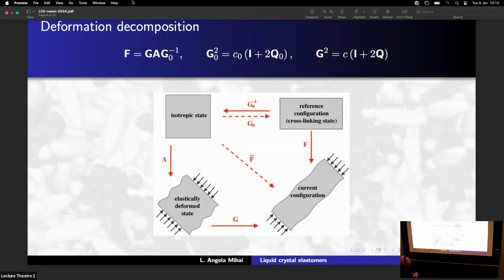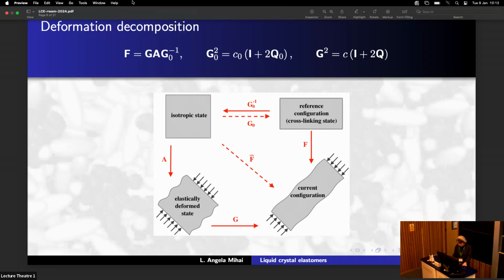So G0 will be for the cross-linking state, and then there will be an isotropic state for which the elastic deformation is defined, because rubber is isotropic. So A will be exactly what the rubber part of the material will be deformed by, and then G will be operating from the elastically deformed state to the current configuration through the nematic response to temperature, for example, if it's thermotropic.